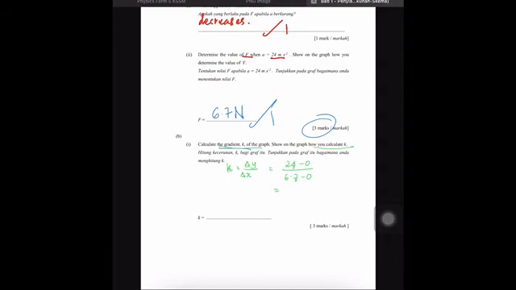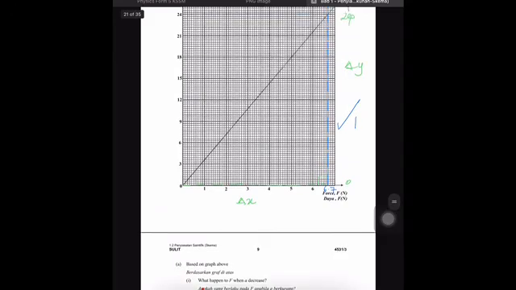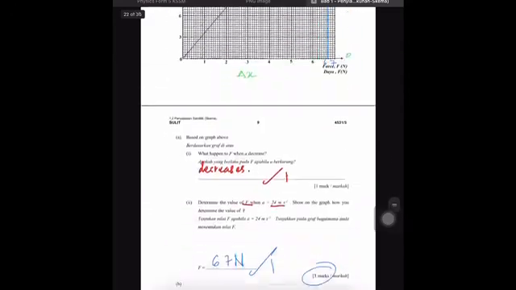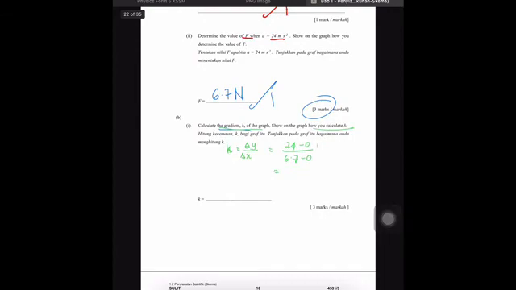Here remember what is the unit. Check back in your graph. The unit is meter per second per Newton. When you do the calculation, you will get 3.582. Do not round off.